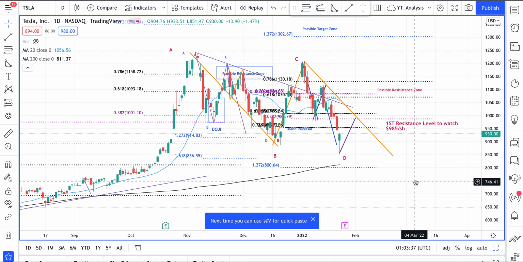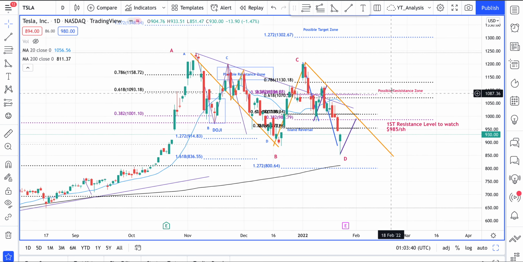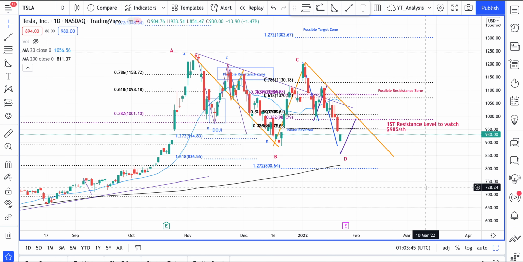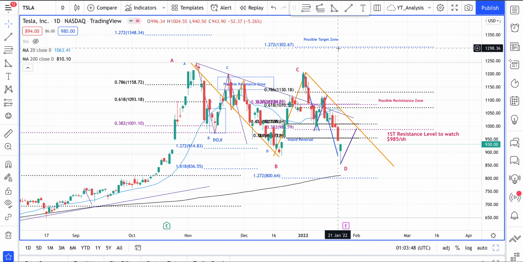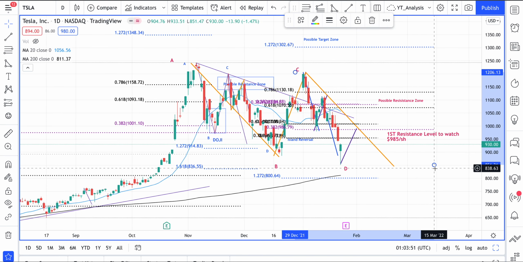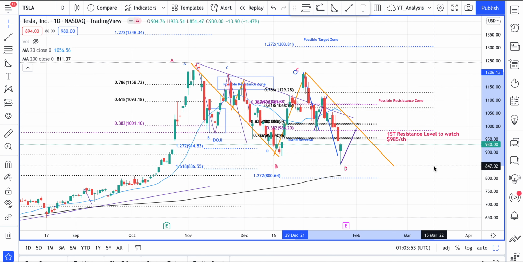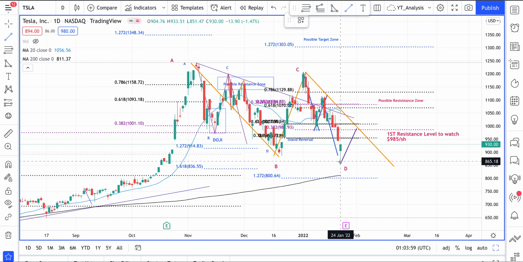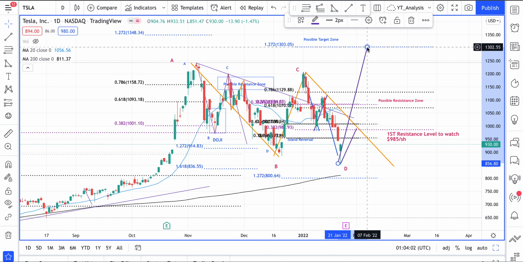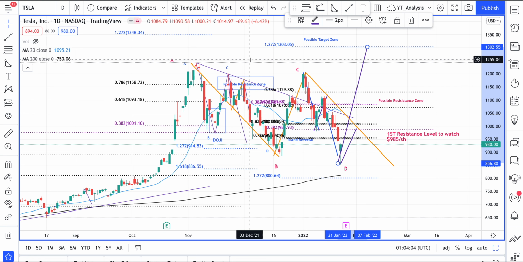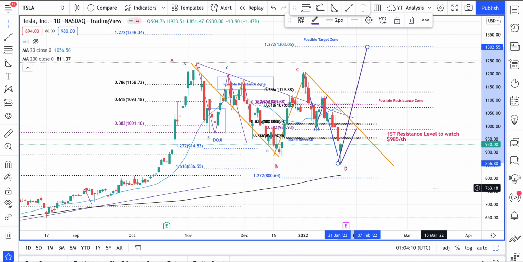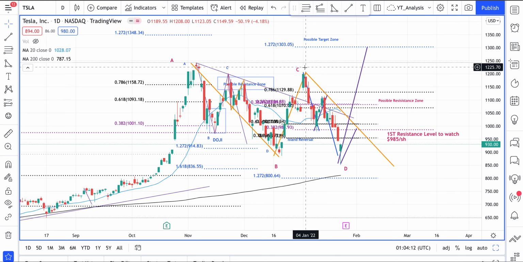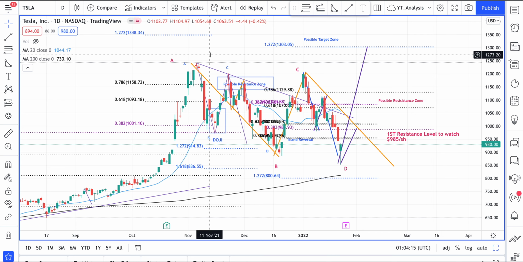However, if it begins to convincingly break out of it, we have the upper target around, let me just get rid of that a little bit here, a possible target zone of about 1300 for the stock. Anywhere between 1300 and 1350 is going to be the possible first target. However, there could be higher targets as well, but this is what we're looking at.